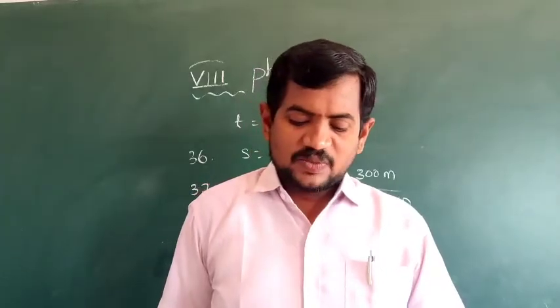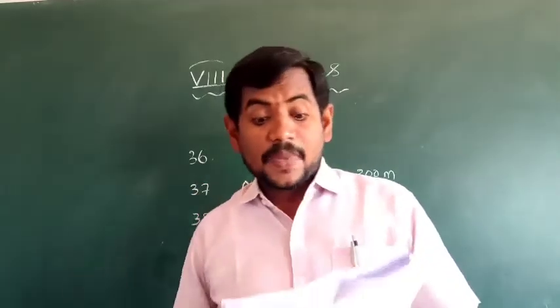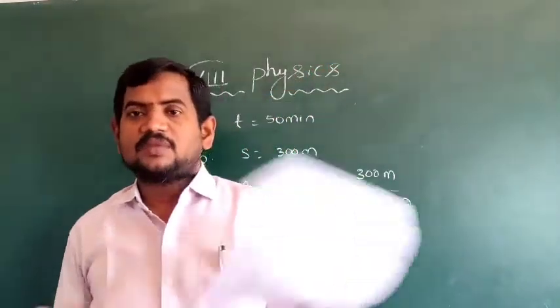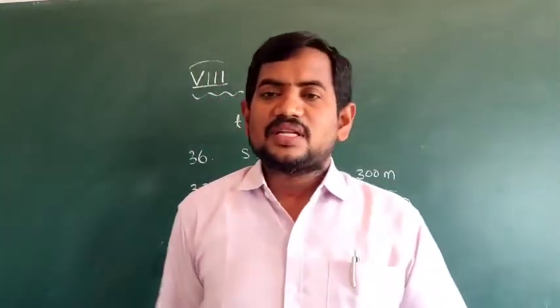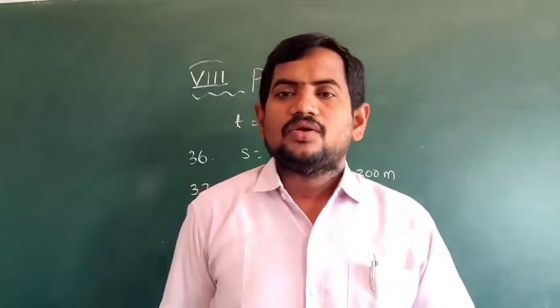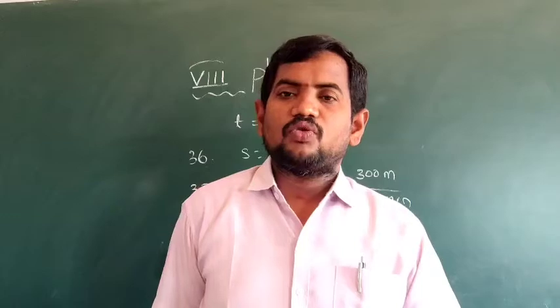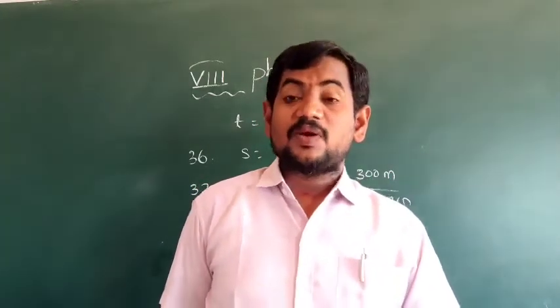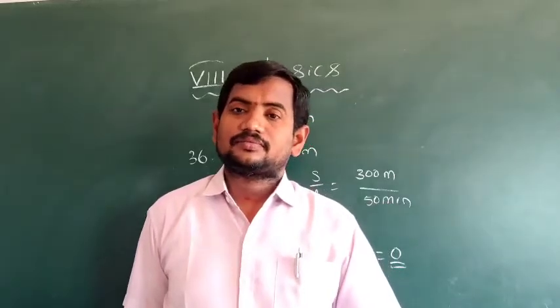When it comes to average speed, the car travels up a hill and also returns down along the same hill. That means indirectly it is given that distances are equal, so again you can use 2v1v2 by v1 plus v2 by using the concept of average speed. So in average speed we have seen 3 cases.